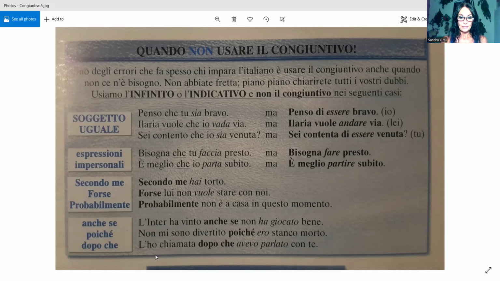After. So l'ho chiamata dopo che avevo parlato con te. I called her after that, literally, I had spoken with you. This dopo che, especially because after prima che we need subjunctive, but after dopo che we don't. Right, so this is when not to use a subjunctive.